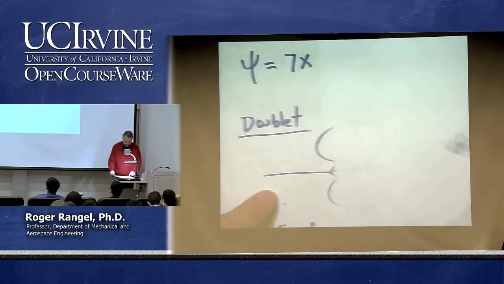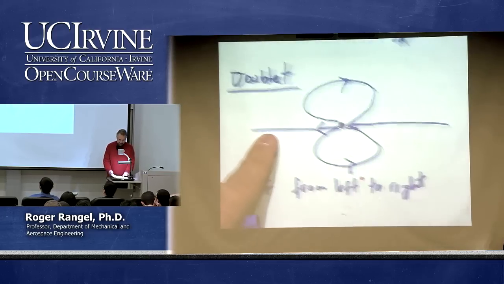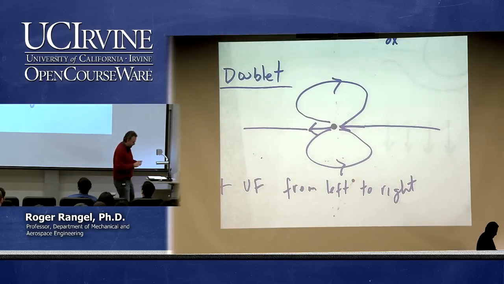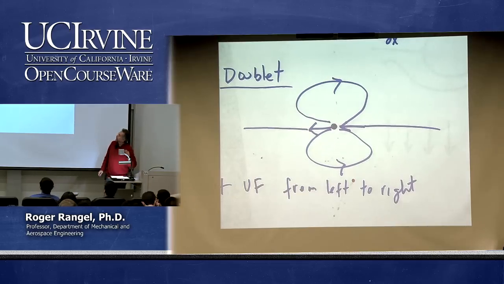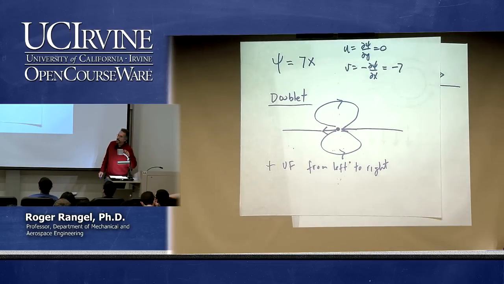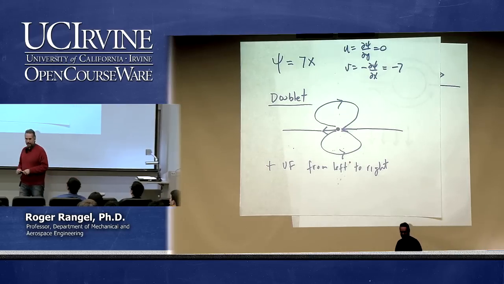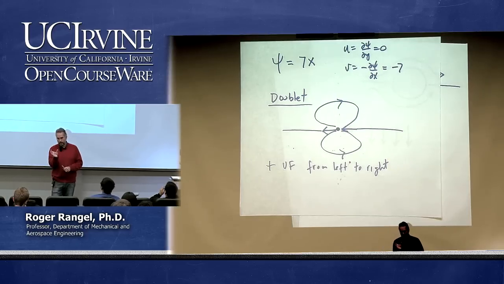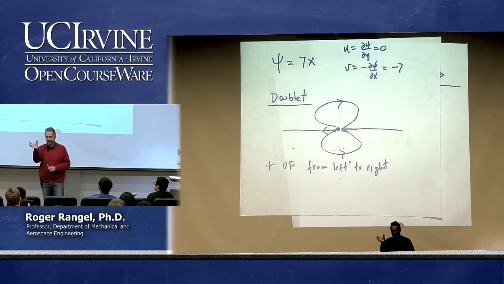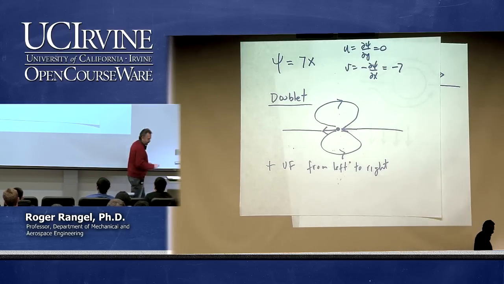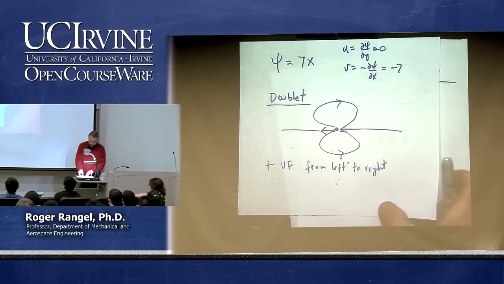My doublet is like that, but I now have the uniform flow coming down. I have to flip this doublet. How do I change it? The source would have to come from the top, which means I'm rotating this doublet negative pi over 2. Very good.